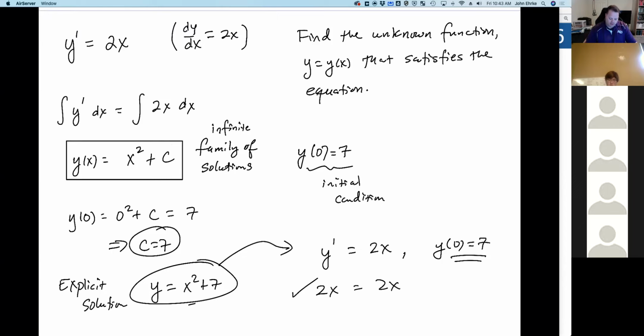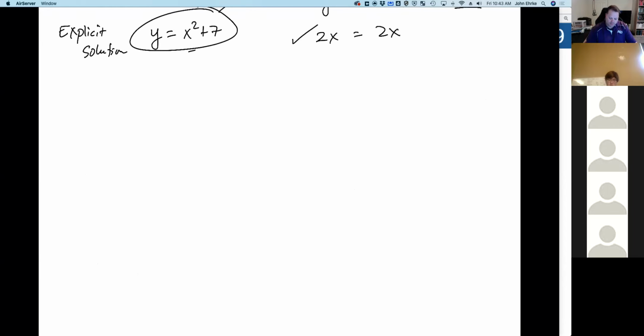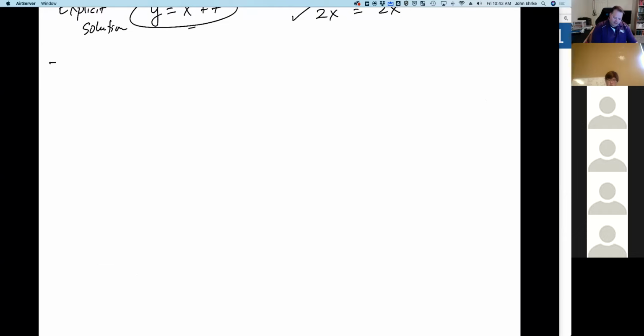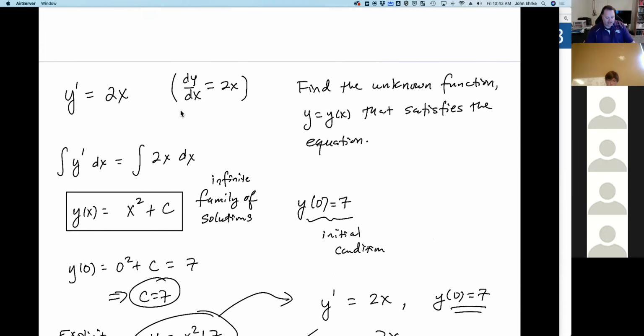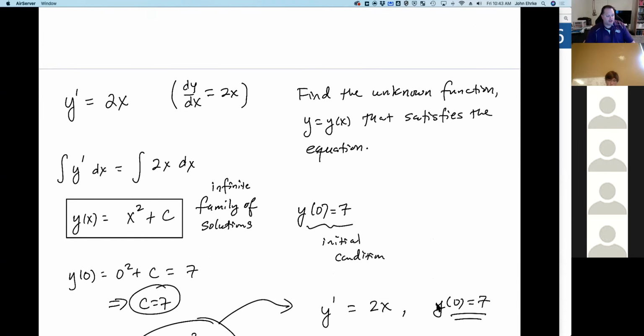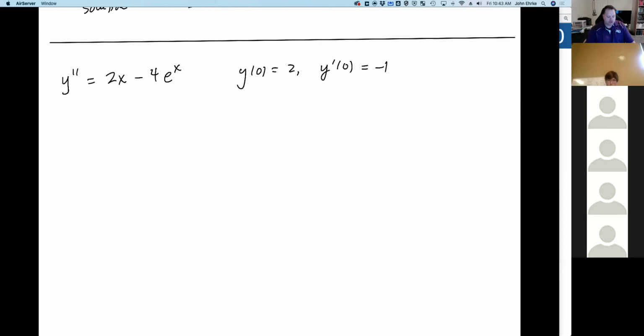All right, let's make that a little bit tougher by looking at a second order differential equation and the IVP associated with it. Say y double prime equals 2x minus 4e to the x. Now, the initial value problem that you have written in Learning Catalytics looks like this. And the question is, why did I only need one initial condition before, and why do I all of a sudden need two initial conditions here?